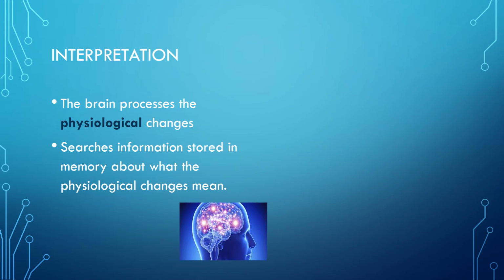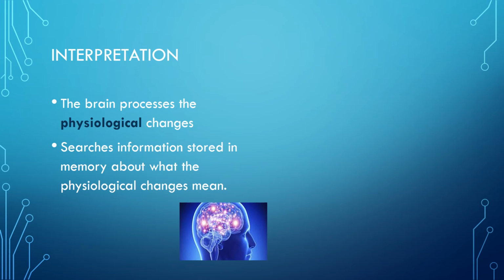And then we go on to the interpretation. Now, in the James-Lange theory, your brain is only interpreting physiological changes. It's ignoring everything else around you and just interpreting those changes that are happening in your body.